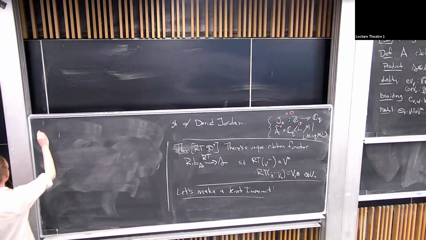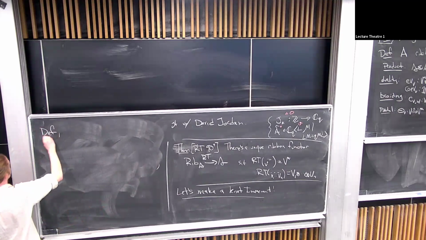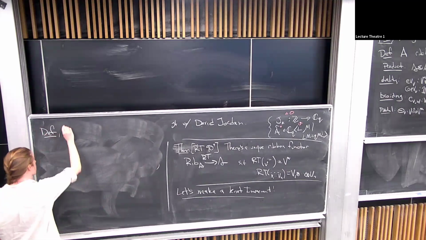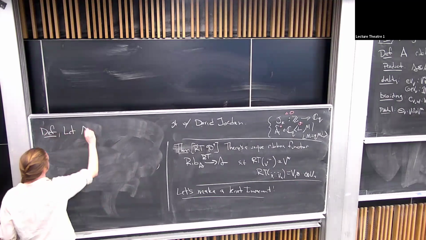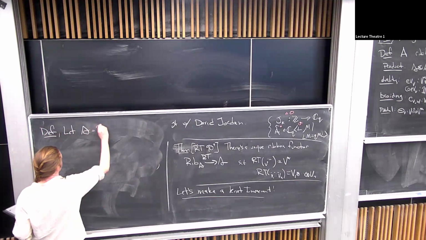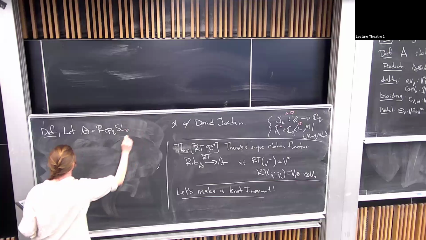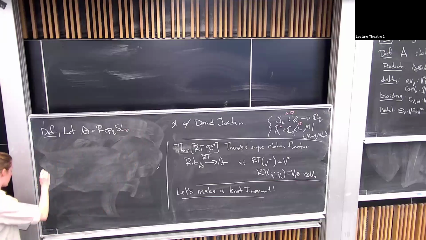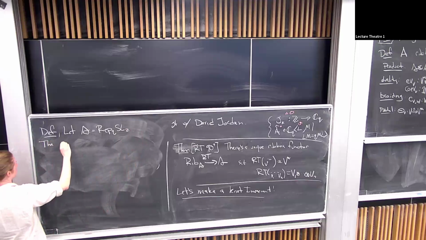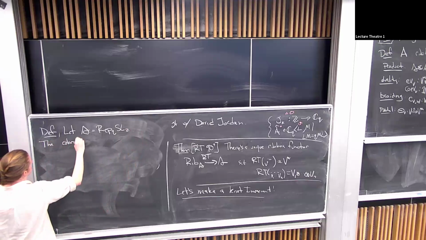Here's how I'm going to make my knot invariant. First, what I'm going to do is let's say A equals Rep of U_q SL2. And the thing I'm going to define is the colored Jones polynomial.